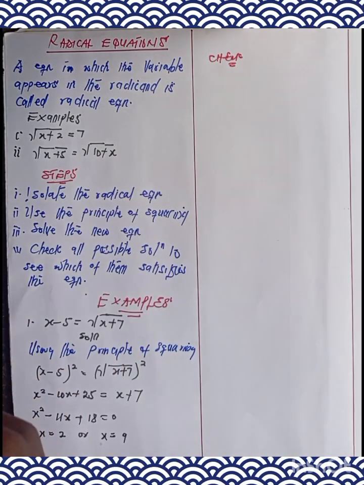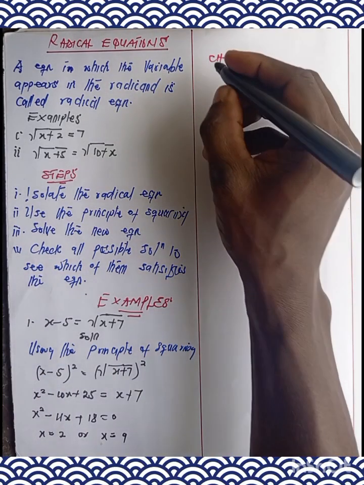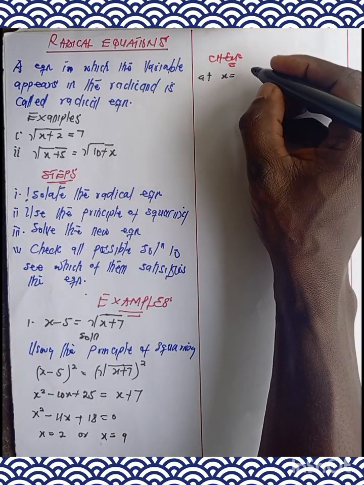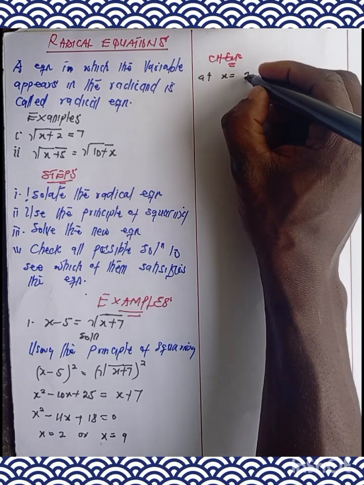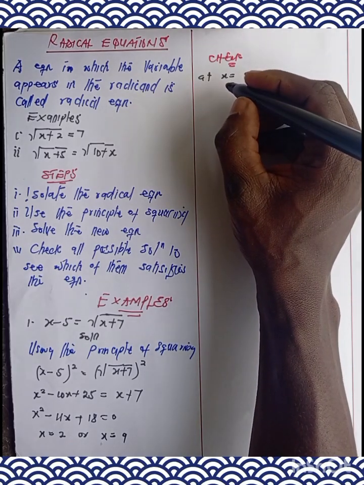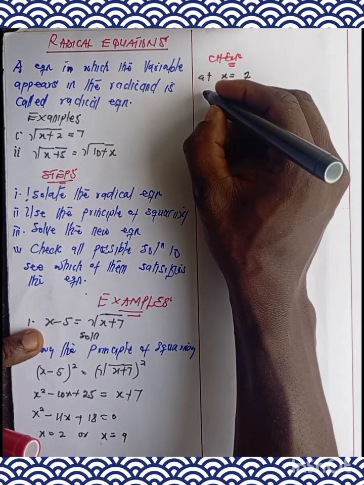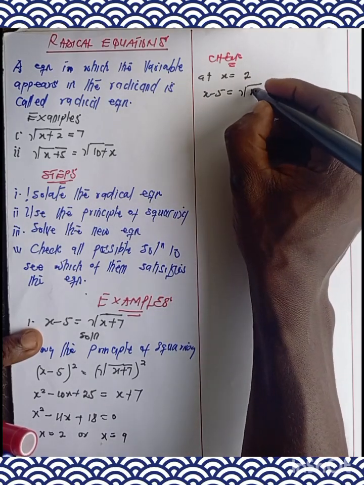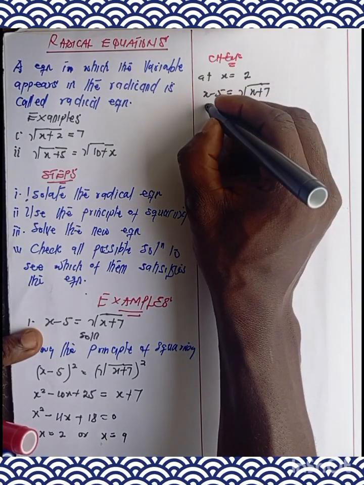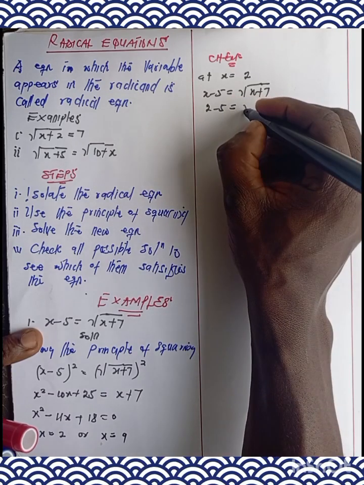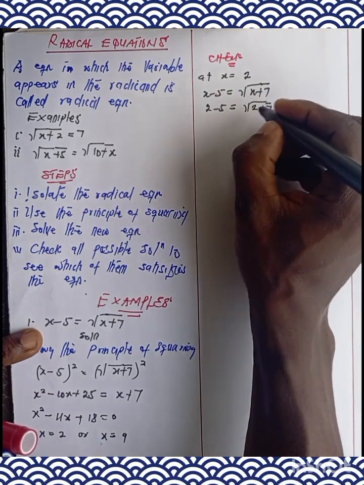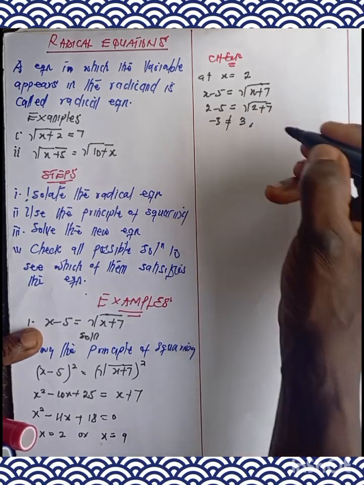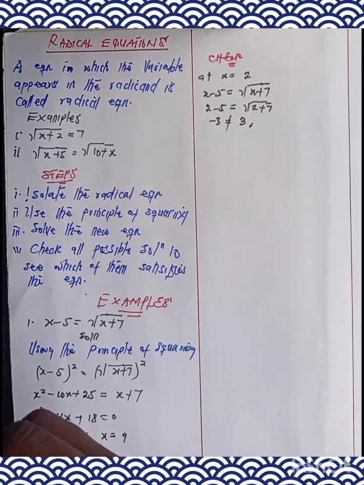So at x is equal to 2, we are getting x minus 5 is equal to root of... So you can see that x is equal to 2 doesn't satisfy the equation.